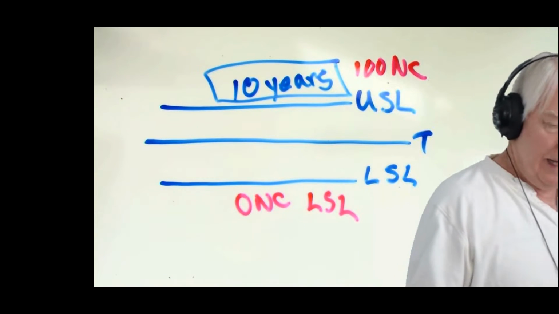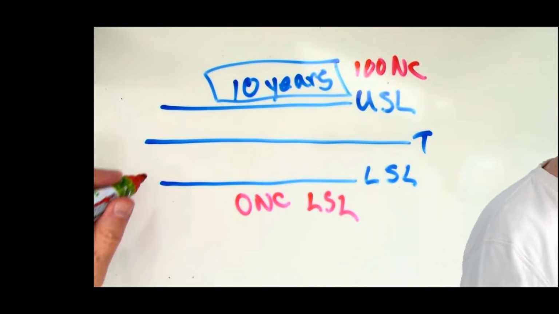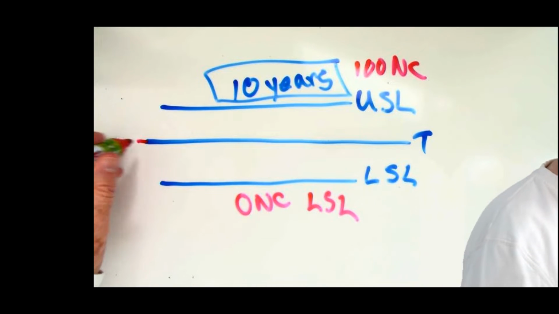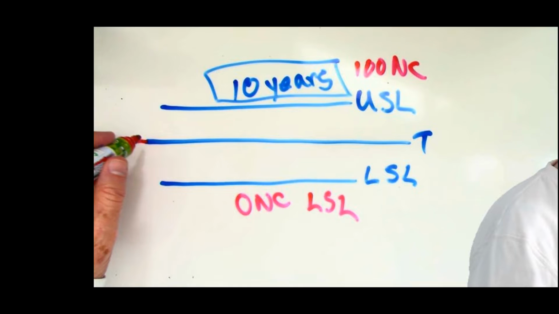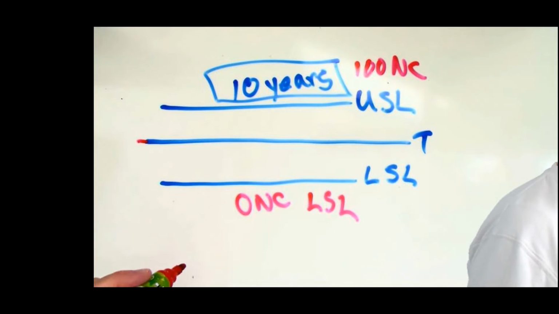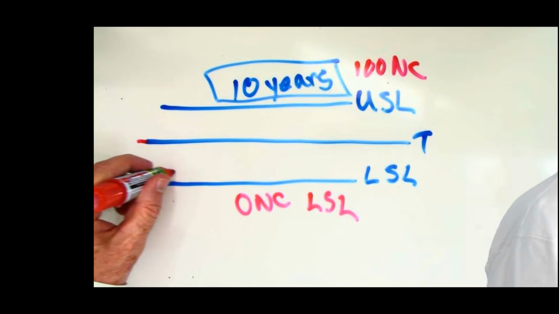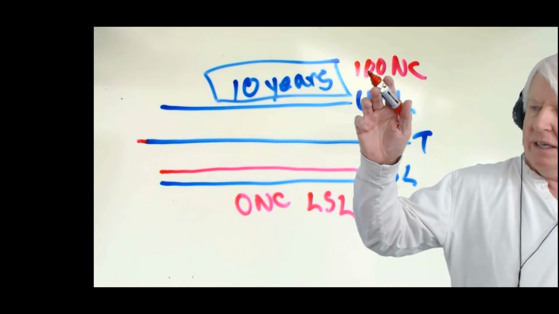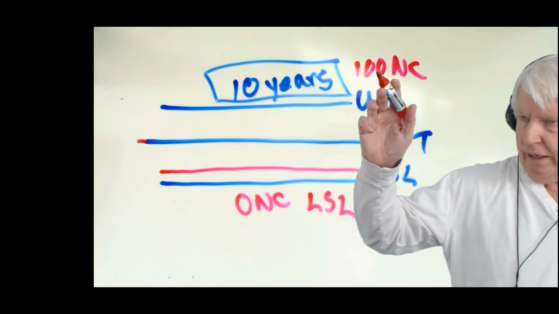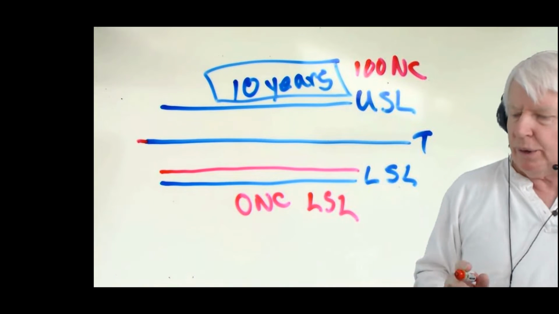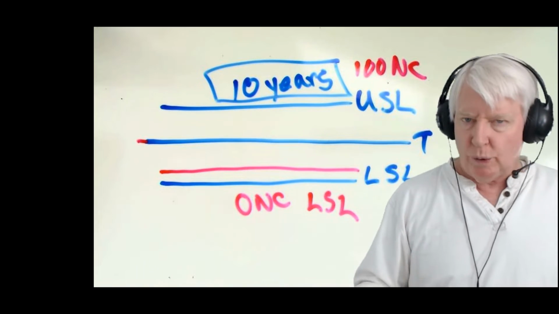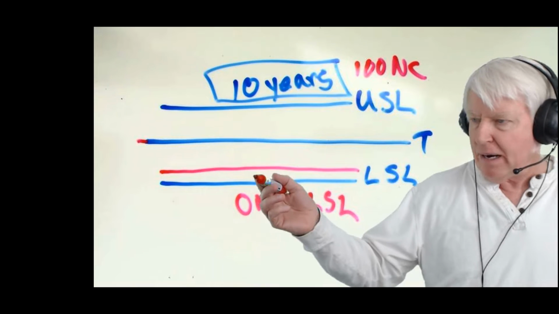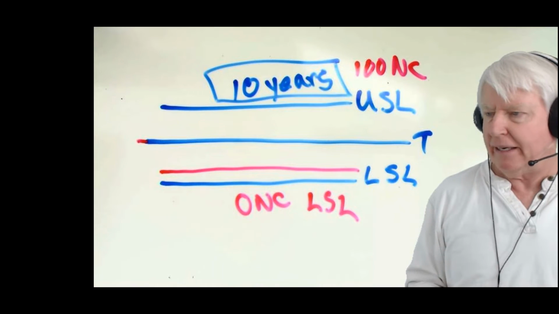So you may decide, hey, instead of centering my process to the center of specs, I'm going to put it down here until I get equal numbers of nonconformances on the upper and lower side. Then my risk will be centered, but I may be much closer to my lower spec limit now.